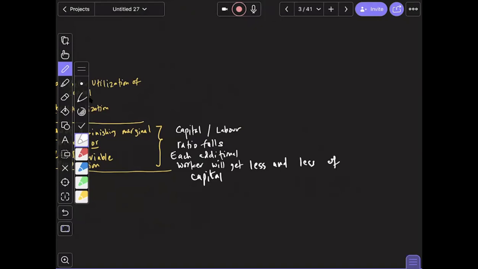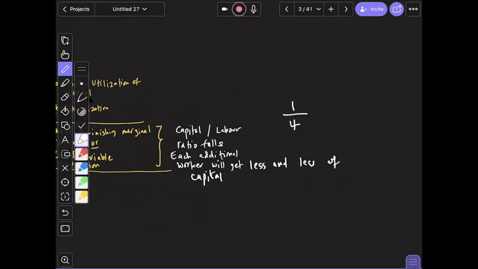So you can call it labor to capital, but capital to labor means that, let's say, one capital over one worker ratio is 1:1. One capital over two workers ratio is half. Now the capital is divided into two people, versus 1:4 workers, capital is divided into four people.